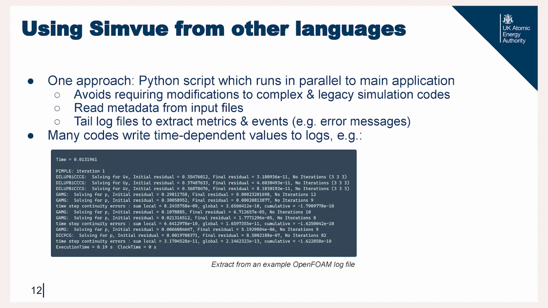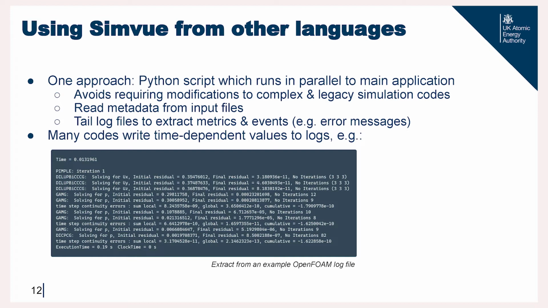So you can easily have the Python scripts read metadata, if you need to, from any of the files, and you can then get the script to tail log files to extract any metrics or other error messages, things like that. As an example, many codes write time-dependent values in log files. This is an example here from OpenFOAM.